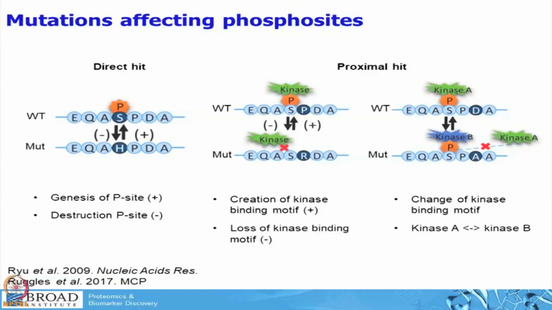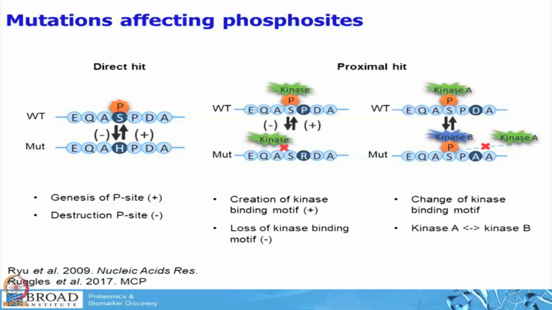Okay, so now we know how we can determine these specific kinase sequence recognition motifs, but what happens if a mutation occurs in the region around the phosphorylation site? There are actually 3 different scenarios that can happen. One is a direct hit. This is the wild type, this is the mutated version.